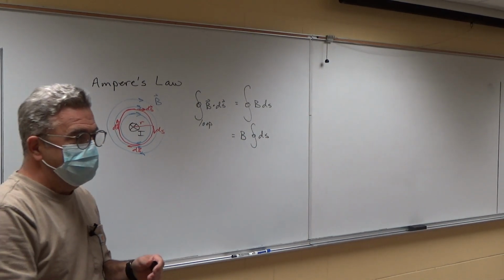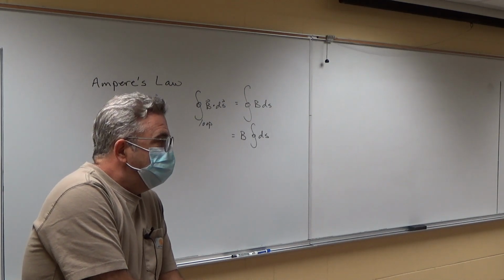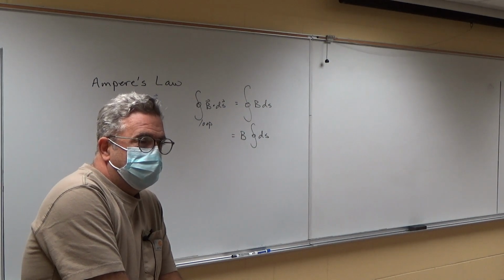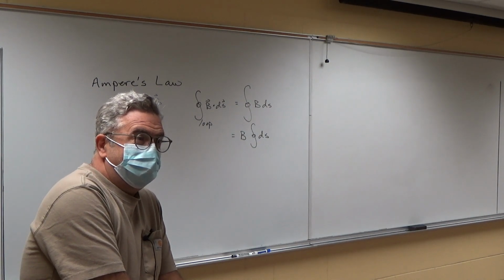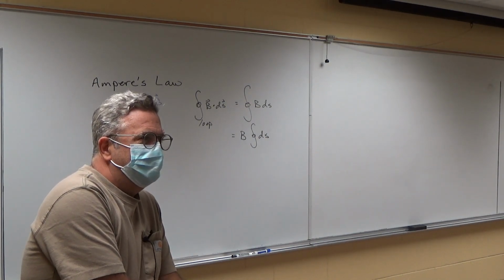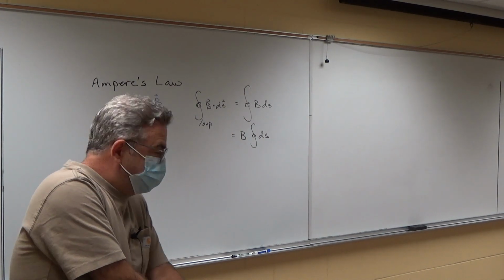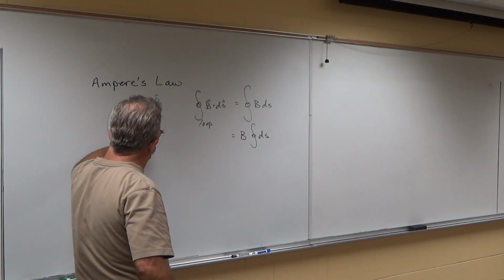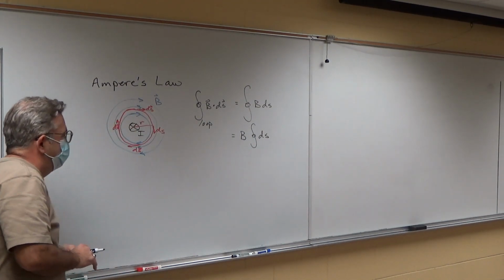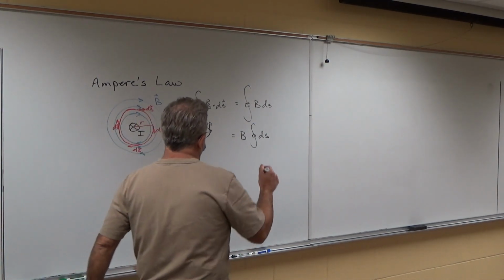What's the integral of ds around that loop of radius r? What's the length? Let's see, if I have a little bug and it's crawling around here at this distance r, and it's adding up how far it goes around the loop. 2 pi r.